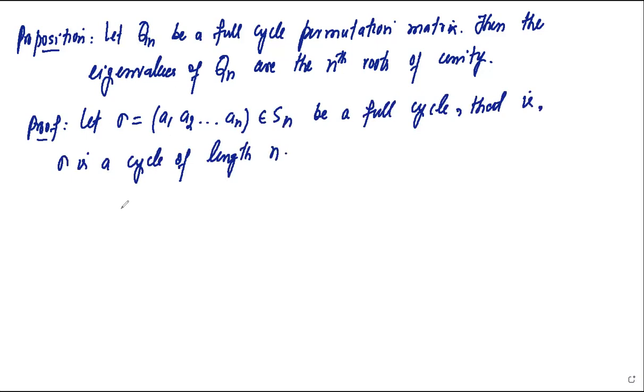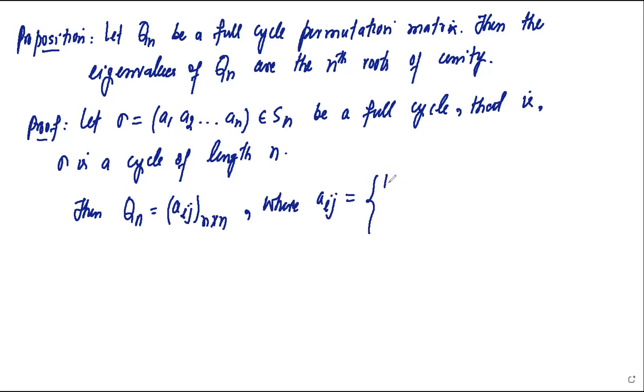Then how do we define the matrix Qn? Qn is an n cross n matrix (aij), where aij is equal to 1 if sigma of ai is equal to aj, and this is equal to 0 otherwise.